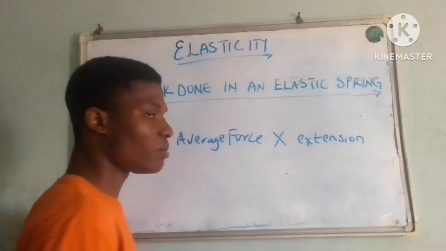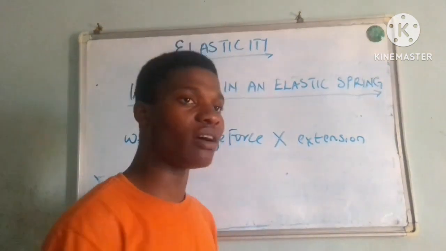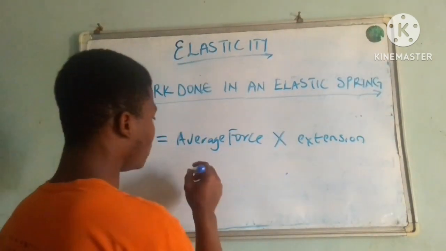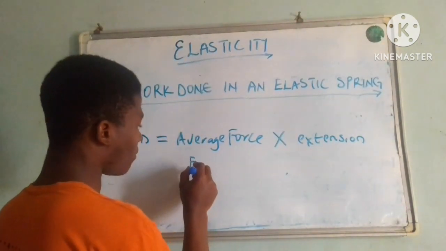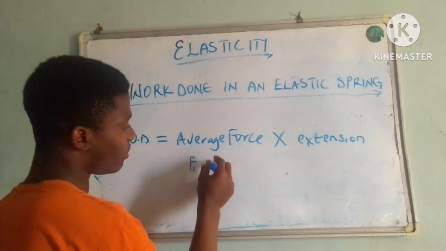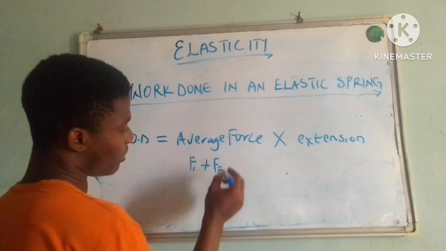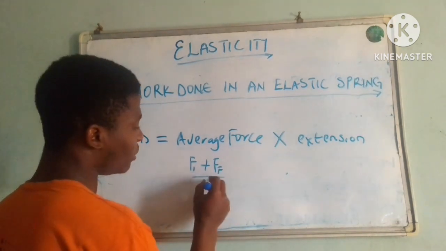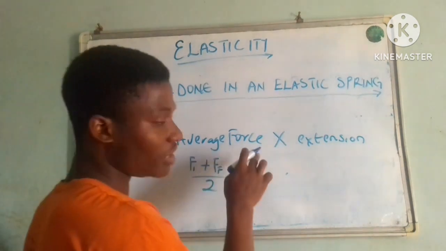And we know that when we talk about average force, we are going to have the initial force and the final force. So let's use F1 to be the initial force plus F to be the final force, divided by 2. Remember, we are taking the average.